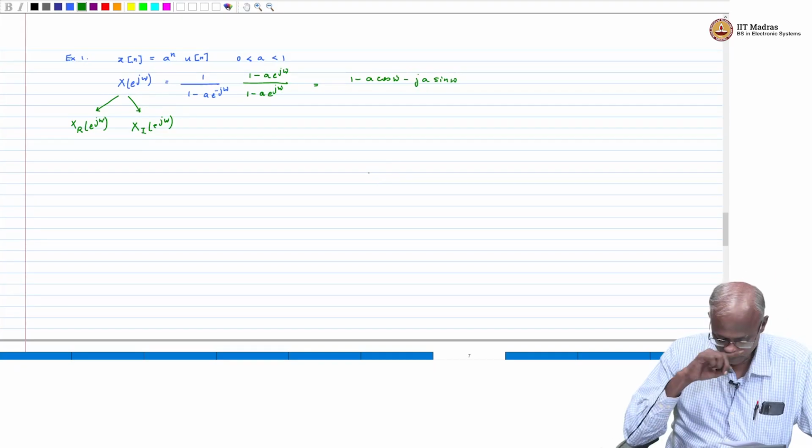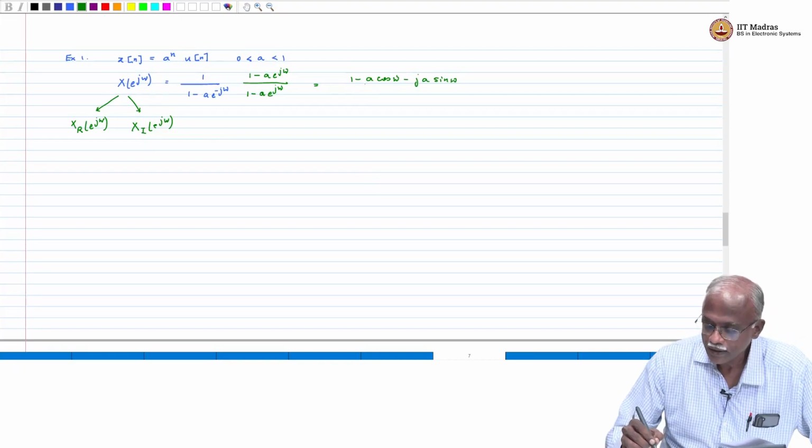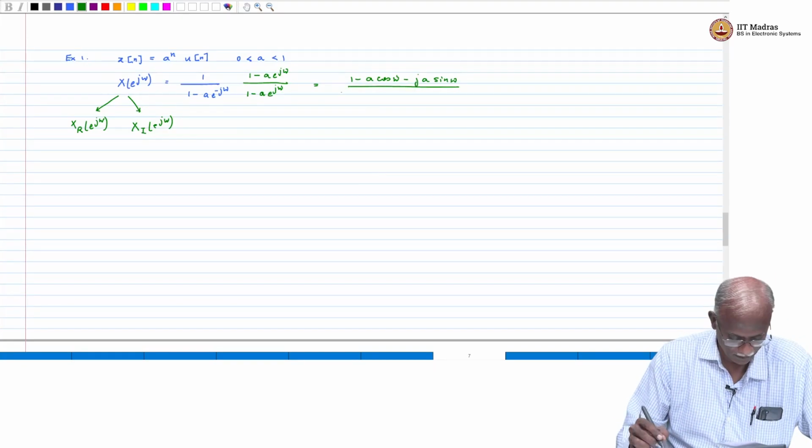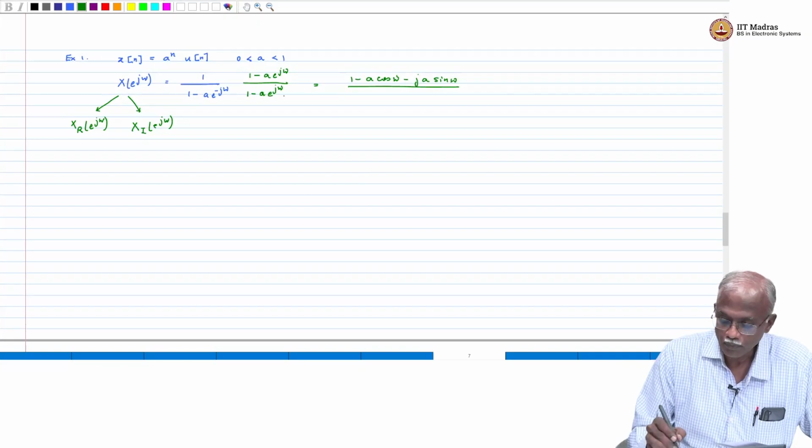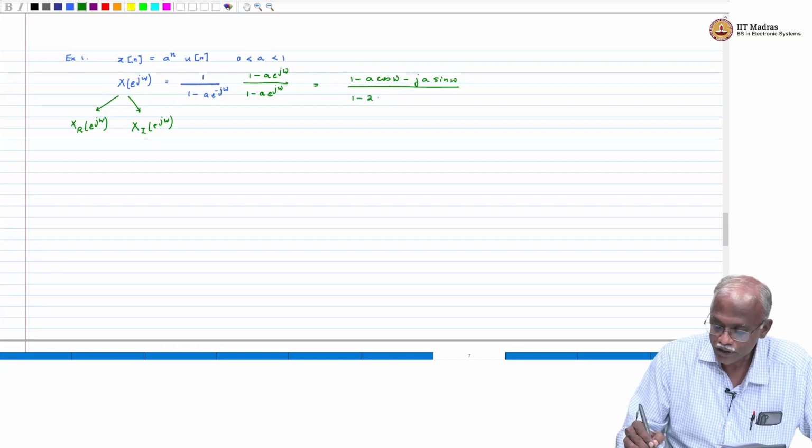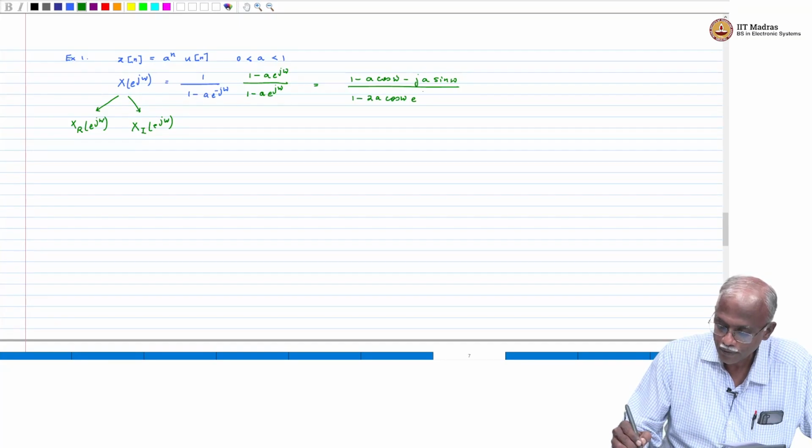And the denominator is a product of two terms which are complex conjugates. You will get 1 minus 2a cosine omega plus a square.